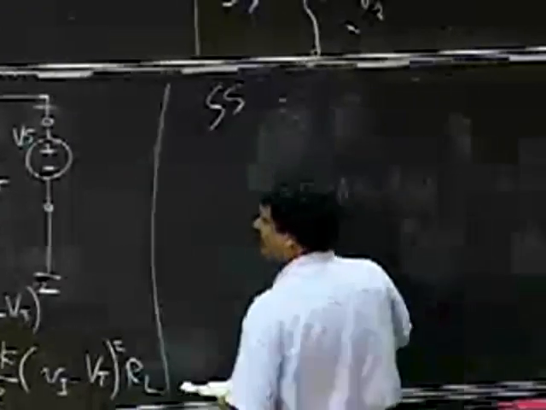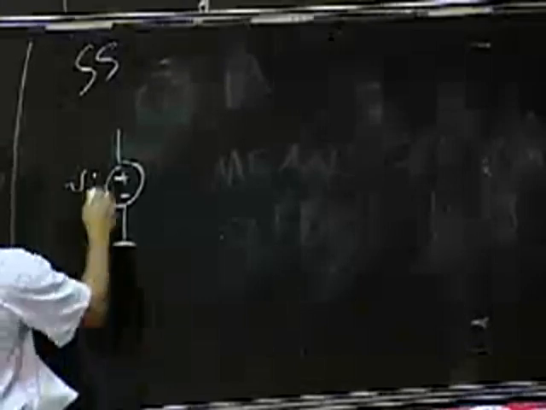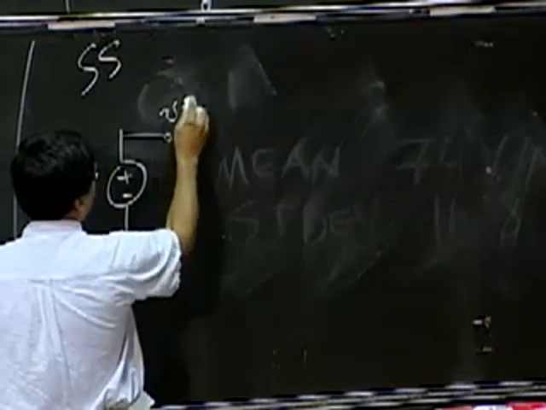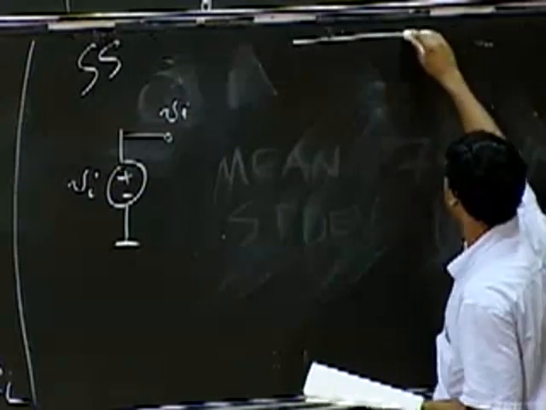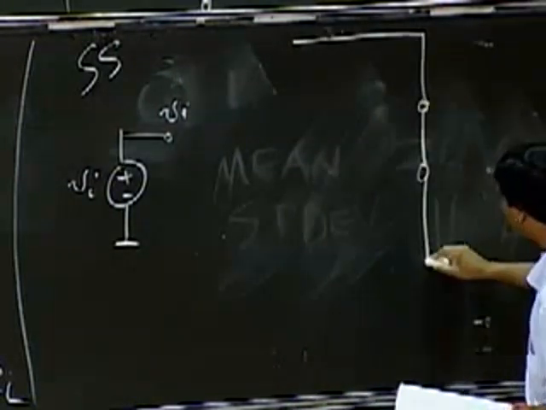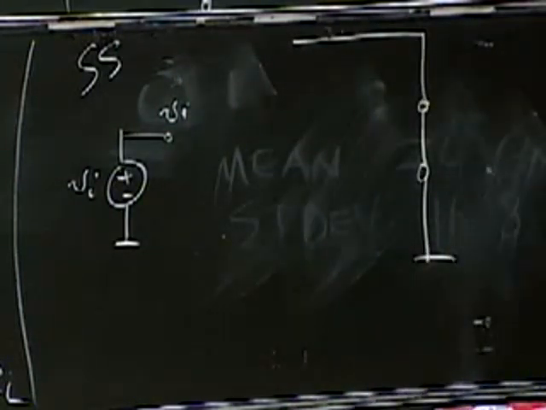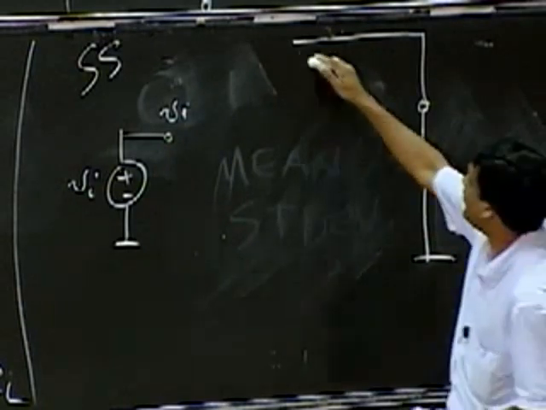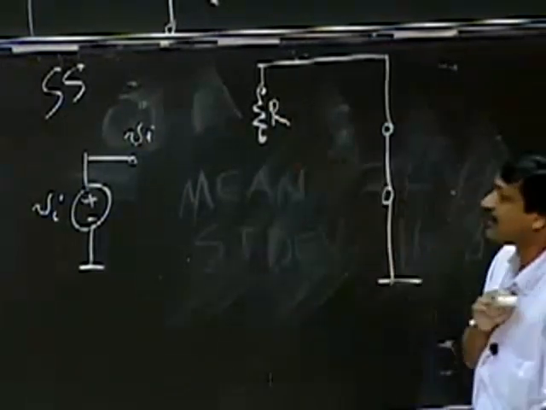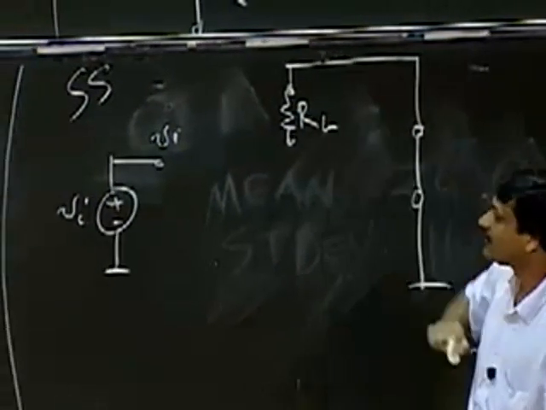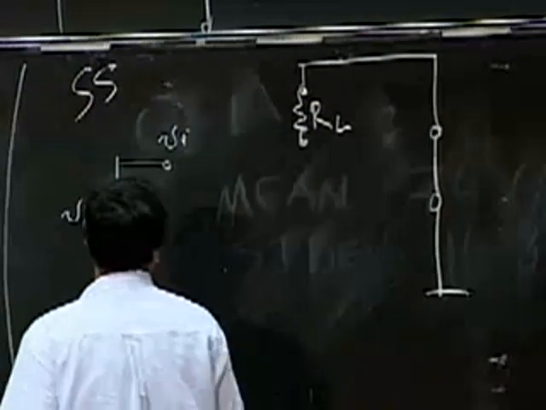So let's do that. For the input, you replace the input with its small signal voltage vi, because I'm telling you that it's sourcing a small change in VI. Then I replace VF with a short. I replace RL with an R, because it's RL itself for the small signal model.